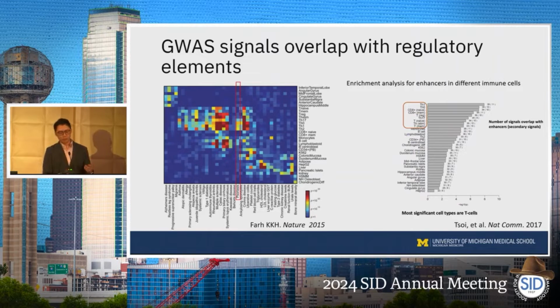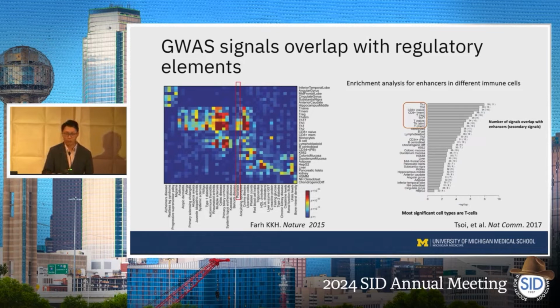Back in the earlier phase of GWAS, we already appreciated that most GWAS loci overlap with regulatory elements. At that time, using ENCODE data with H3K27 acetylation marks as an active enhancer surrogate, the psoriasis loci were shown to be enriched among the different regulatory elements in T cells.